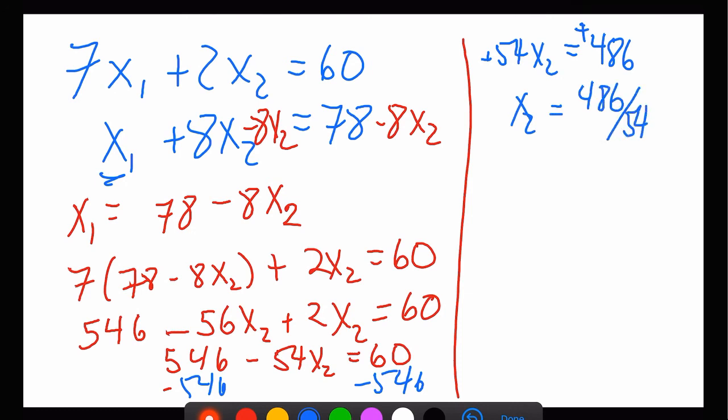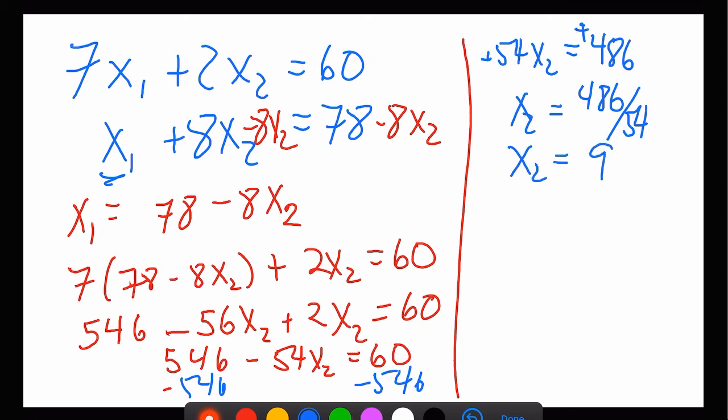I keep saying x squared, but x2 equals 486 divided by 54. And can we do the math on that? Do we know how to do that math? You got it? Is 9, right? So x2 is 9.